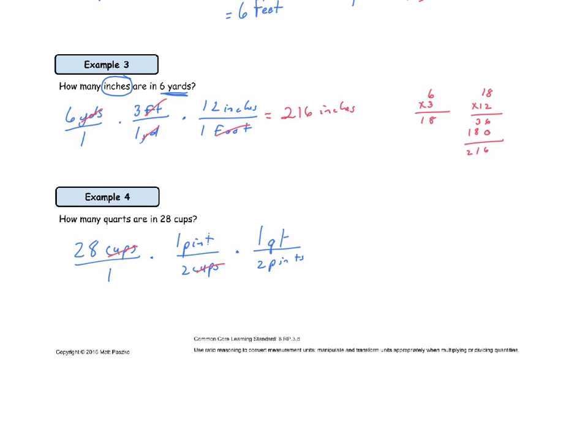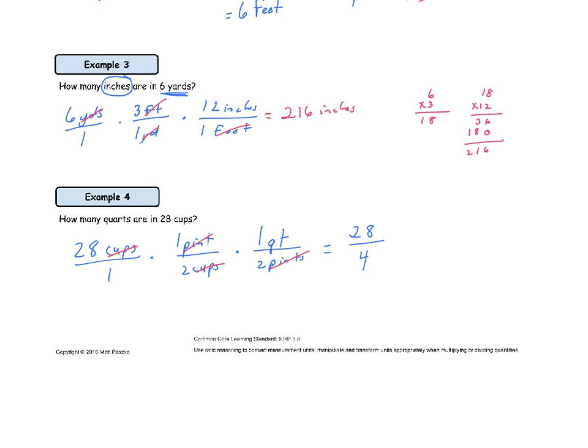The reason I set it up like that is I see a pint in the numerator and a pint in the denominator. So there it is. We set up our problem in a way that shows division, because looking at the numerator, 28 times 1 is just 28. Multiply the denominators together, 1 times 2 times 2, that's 4.